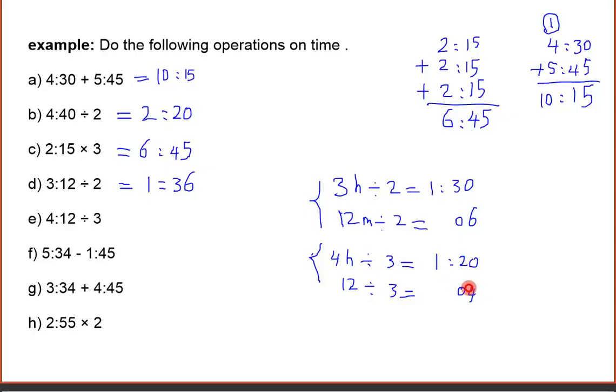So adding these together, the result will be 1 hour and 24 minutes.